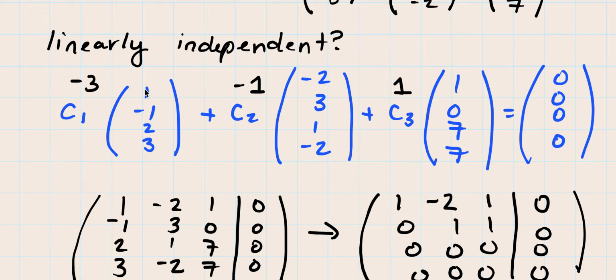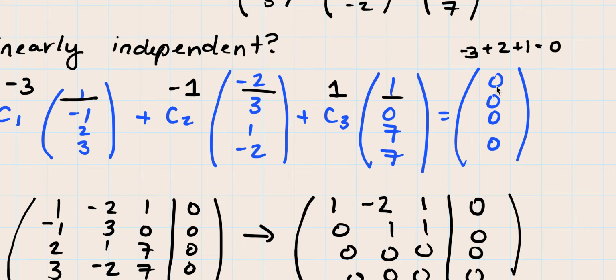So we have, for the first entry, -3 plus 2 plus 1, and that is 0, which is what we get here. Okay. What about for the second entry?